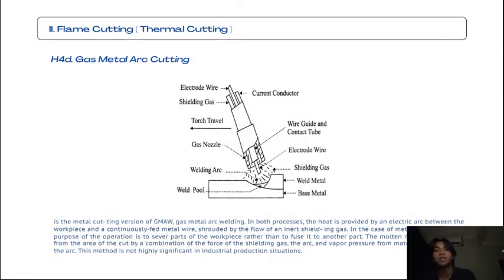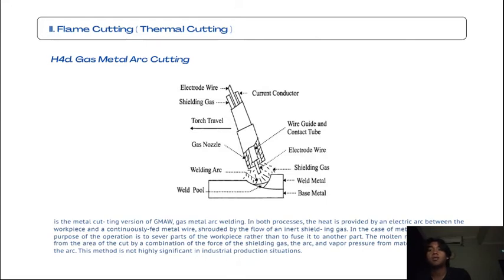Okay, now we're going to the fourth subtopic from arc cutting, which is gas metal arc cutting. It's a metal cutting version of GMAW, gas metal arc welding. In both processes, the heat is provided by an electrical arc between the workpiece and a continuously fed metal wire shielded by the flow of an inert shielding gas.